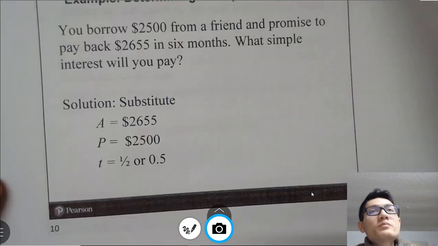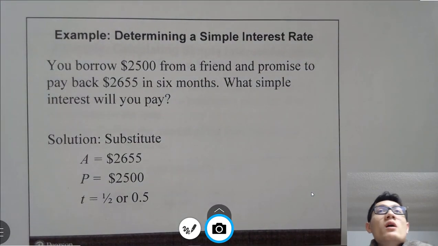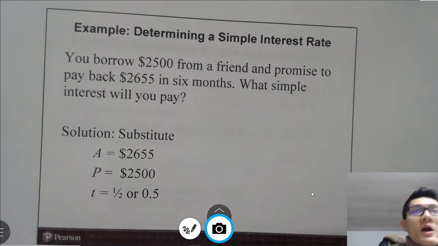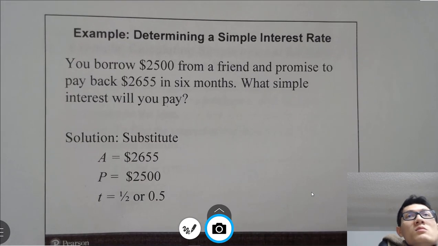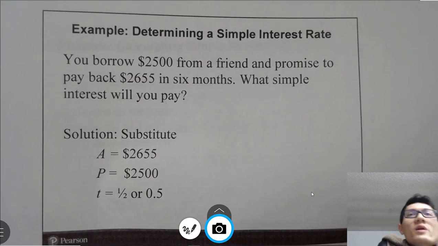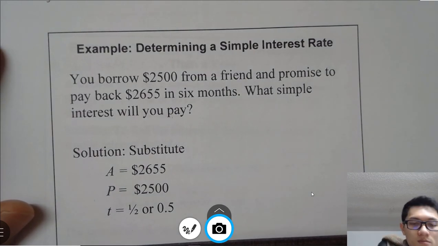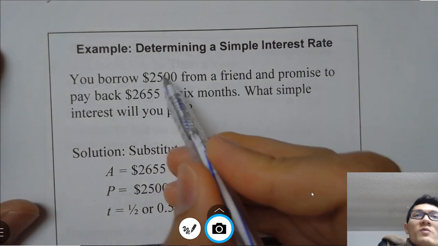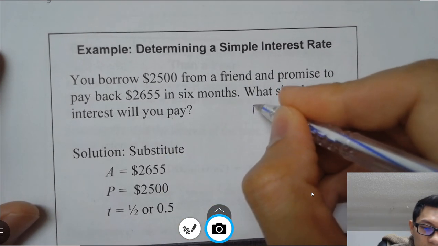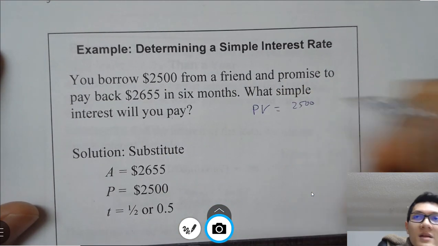Okay, more examples. Determine the simple interest rate. Now, you borrow 2,500 from a friend, and you promise your friend that you pay them back $2,655 in 6 months. They ask you what is the simple interest rate that you pay for this. You borrow something, that is your present value, because that is the amount you get now.